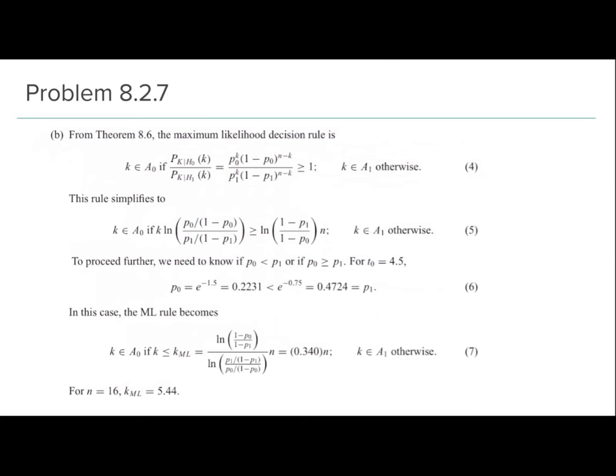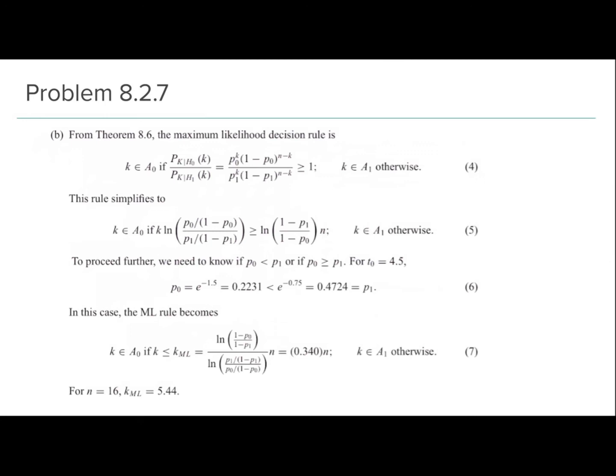And what is p of k given h naught of k equal to, and what is p of k given h1 of k equal to? Right, so p of k given h naught will be equal to nCk into p naught raised to the power k into 1 minus p naught raised to the power n minus k, and p of k given h1 will be equal to nCk p1 raised to the power k into 1 minus p1 raised to the power n minus k.